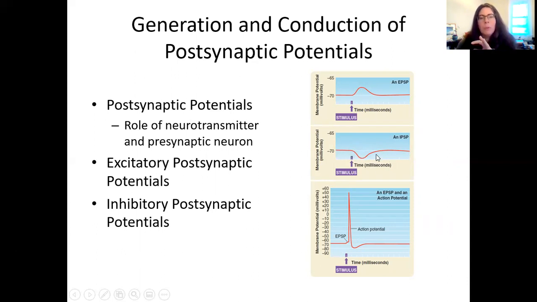So it hyperpolarizes the cell, less likely to fire. So depolarization, the cell is receiving excitatory messages, it's more likely to fire. Hyperpolarization, right? The cell is becoming more negative relative to the outside, and it's less likely to fire or send a nerve impulse or an action potential or its message down the axon.